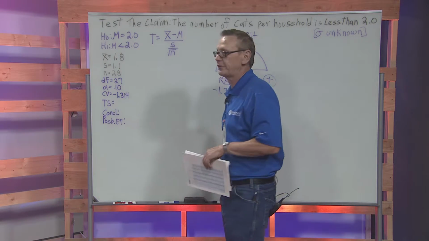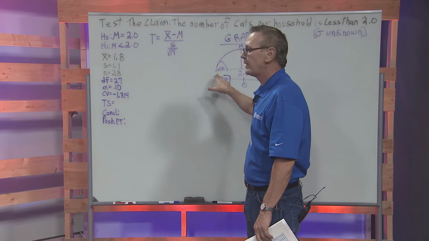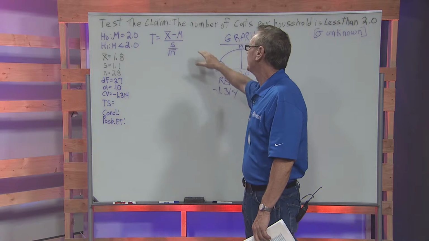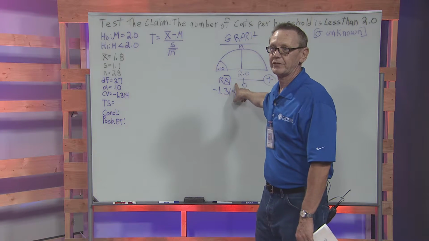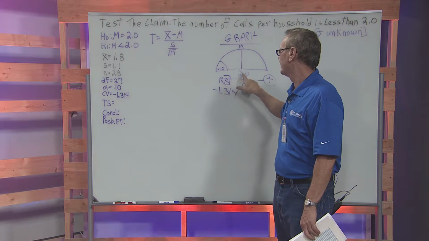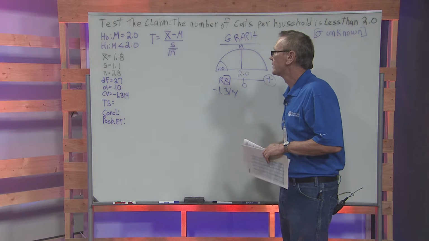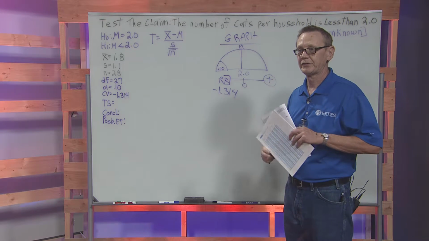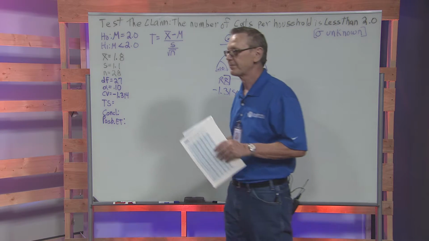Next, we'll calculate the test statistic. If the test statistic falls in this rejection region, then we will reject the null hypothesis. If the test statistic falls between 0 and negative 1.34, we will fail to reject the null hypothesis. Okay, let's conduct the hypothesis test using the test statistic.